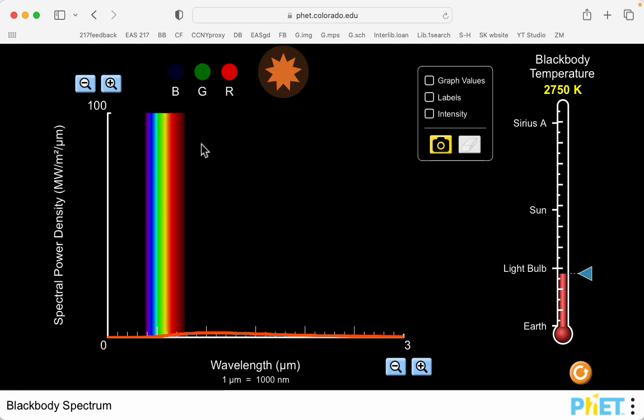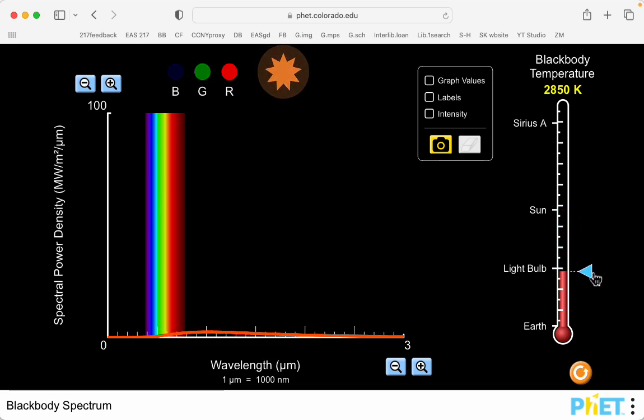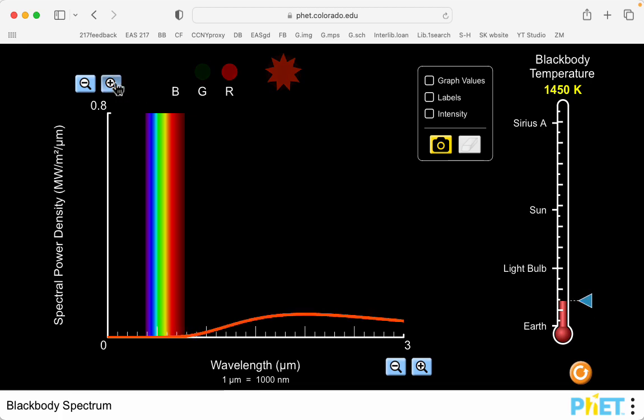So we started off with the sun. We were at 100 megawatts per meter squared. So we're down, zooming in, we're down at like 0.8, and we're still going to go down here even more. We still can't get close enough. Must have pushed the wrong... No, let's go. What's happening here?